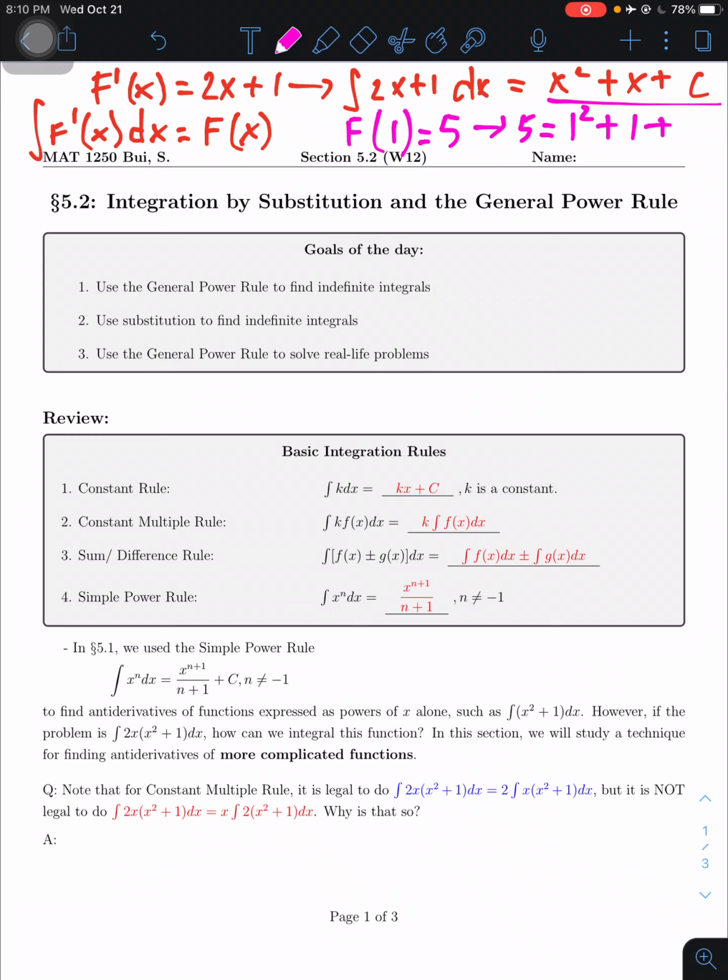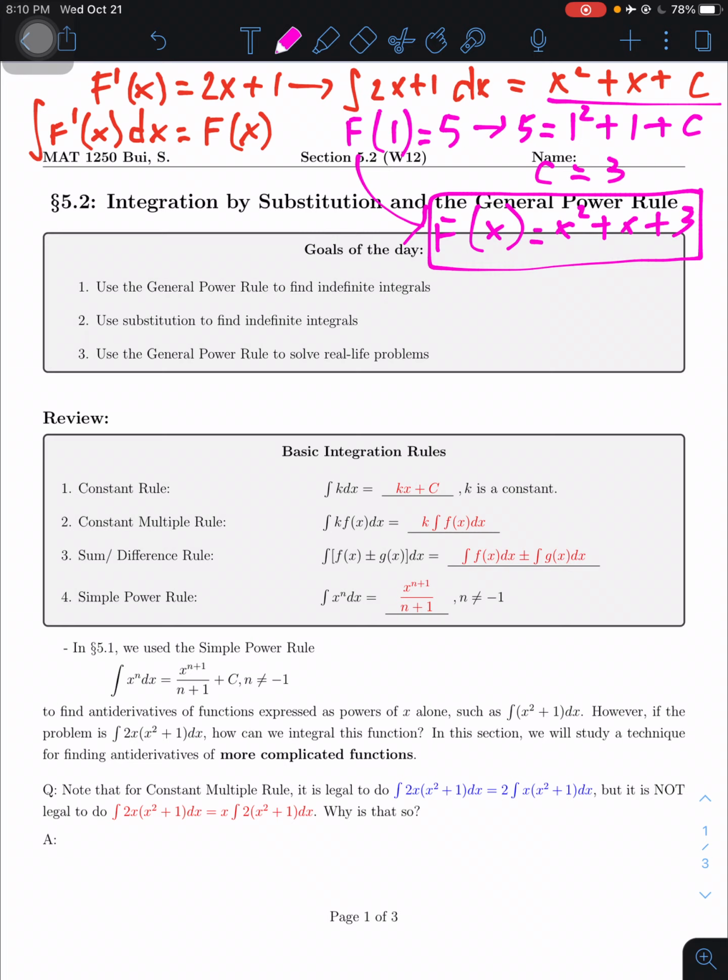If you do it correctly, c equals 3, so the particular solution looks like F of x equals x squared plus x plus 3. This is what I'm looking for. So make sure in the test you remember step by step which one to do first, and how to use an initial condition.